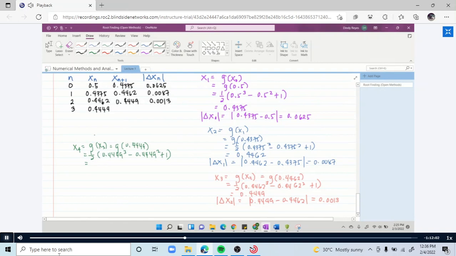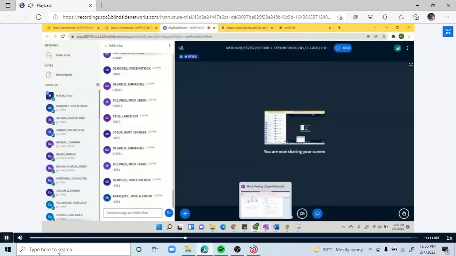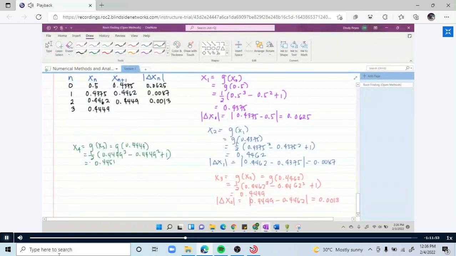The value of this should be 0.4451. No? Okay, 0.4451, and then delta x sub 3 is 0.4451 minus 0.4449. This is 0.0002. Okay, konti na lang. Maybe in the next iteration, we'll be able to get what we want.